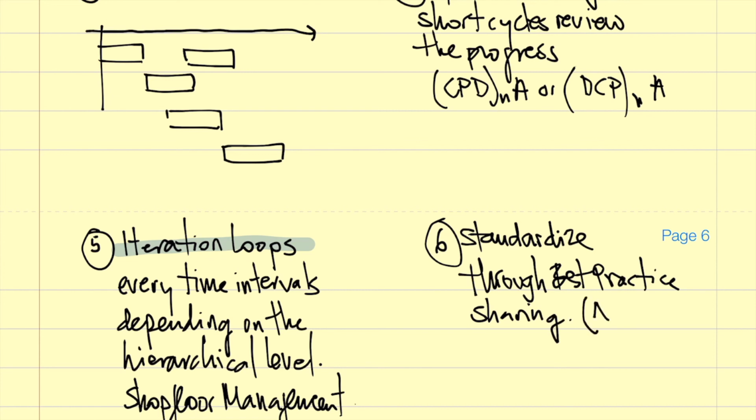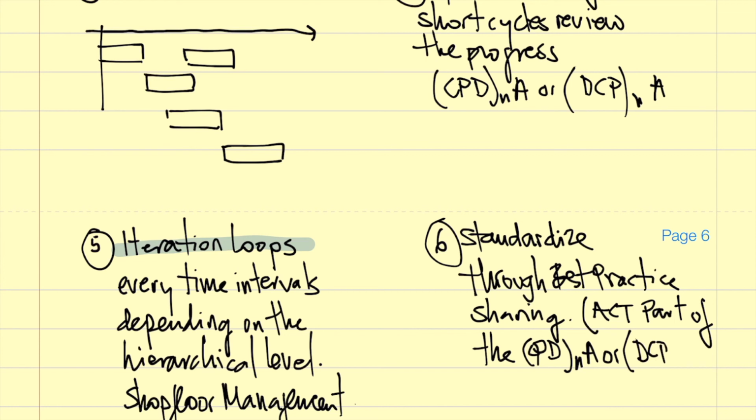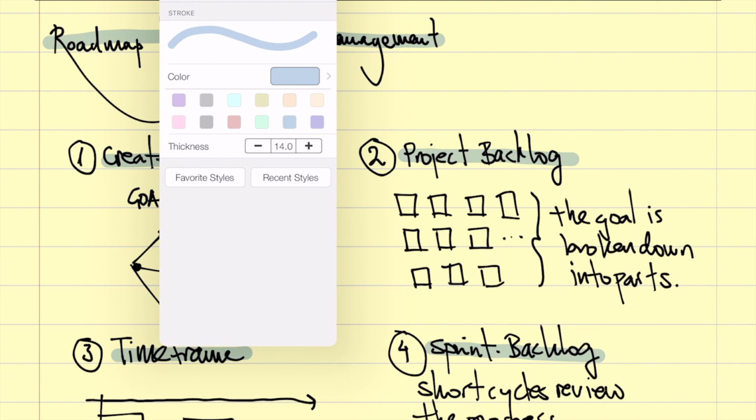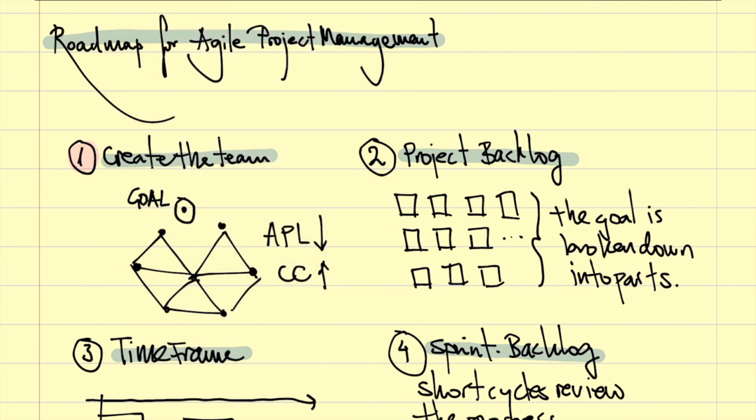This is the ACT part of the CPDNA or DCPNA. Okay? Until you achieve the goal, which is achieved, as we said, when the customer gets what they want. They get a working solution. Okay?